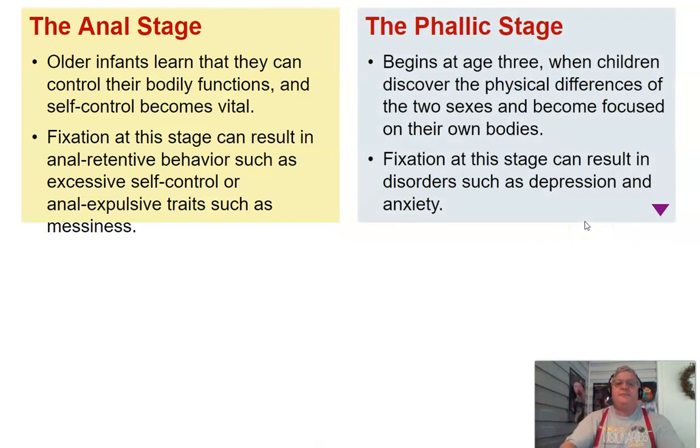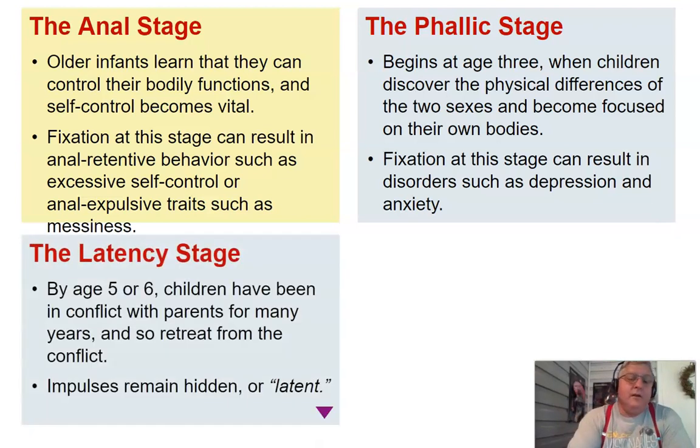Okay. The phallic stage begins at about age 3, and this is when children discover the physical difference of the two sexes and they become focused on their bodies. Fixation at this stage can result in disorders such as depression and anxiety. Latency. By age 5 or 6, children have been in conflict with their parents for many years, and so retreat from that conflict.